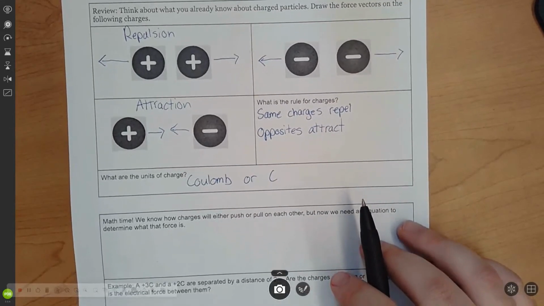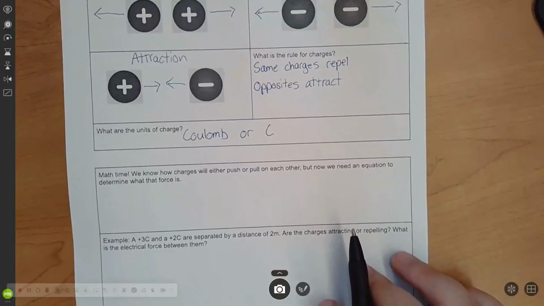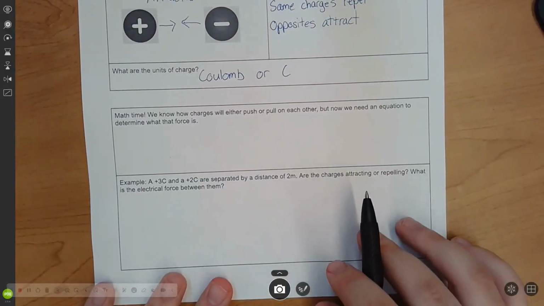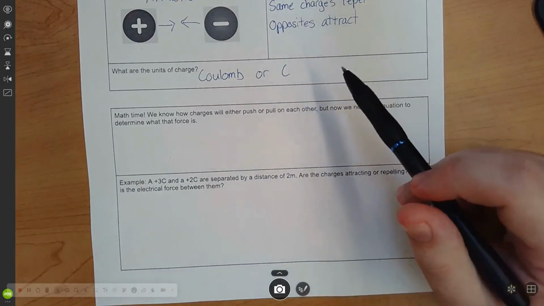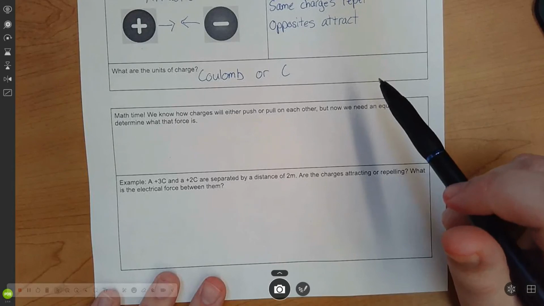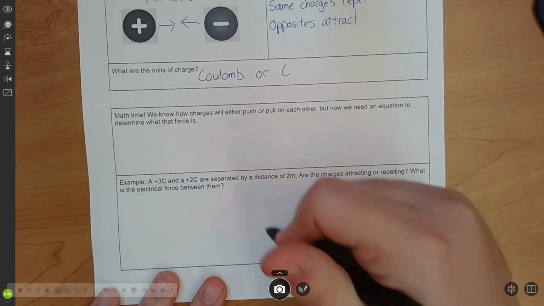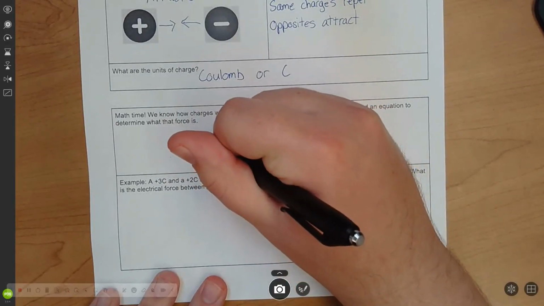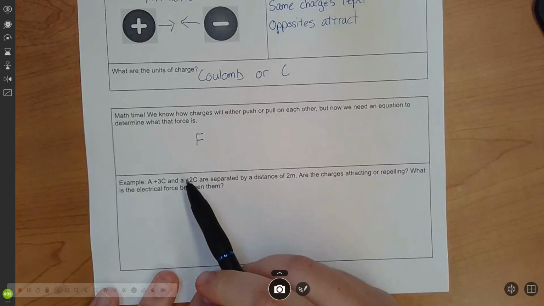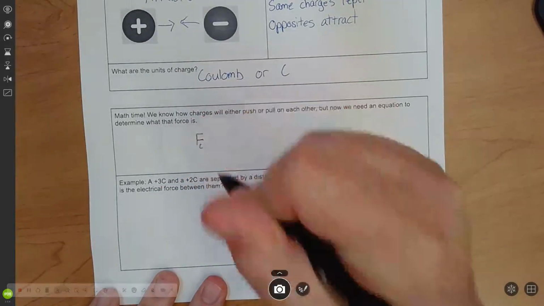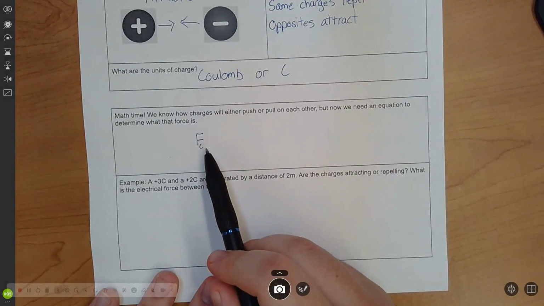All right, so we do need to know an equation to be able to solve problems for this. This is going to be very similar to other equations that we've done in this class. So here we're going to be doing an equation for force, and we know that the symbol for that is F. F for force, and then I'm going to do a little subscript C because this is the force of the charges.